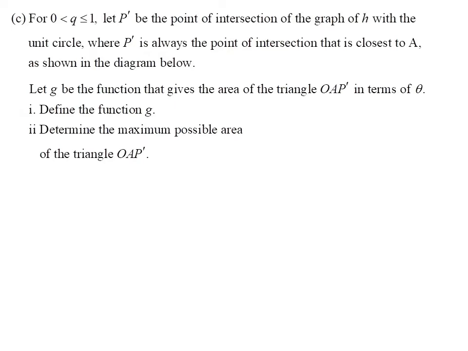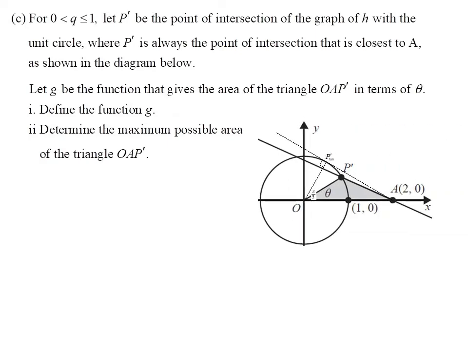Here we continue to demonstrate question 9 of VCAA 2021 Math Method Exam 1 paper. As for part C of this question, the given criteria is that the dilation factor q is now greater than 0 but less than or equal to 1, and the point P prime is the intersection of h of x with the unit circle, as it can be seen in the diagram.